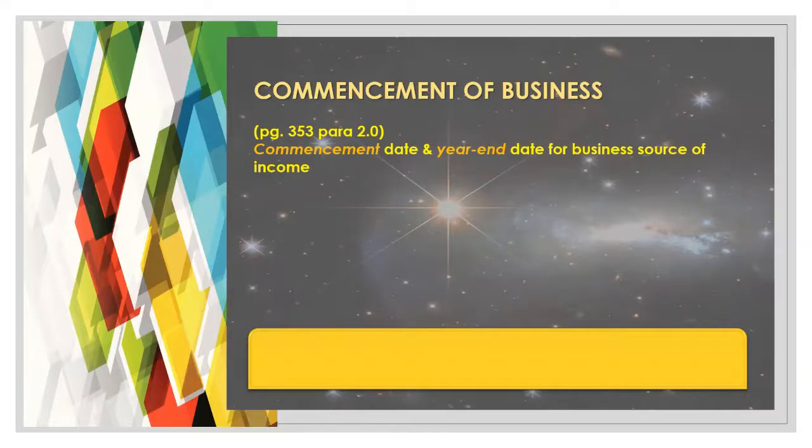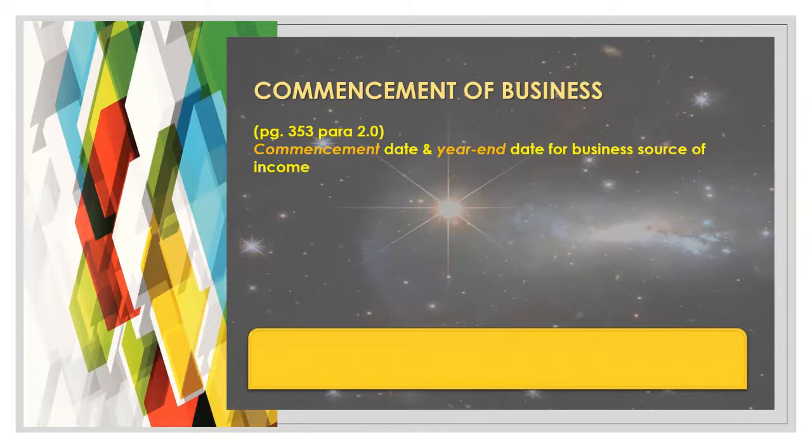Perhaps before you buy your material, you purchase your machine, your equipment. So we have to know your first activity that you do in order to commence your business, because sometimes it might happen that you incorporate your business 10 years ago, on 1st January 2000, but you did not do anything to commence your business.